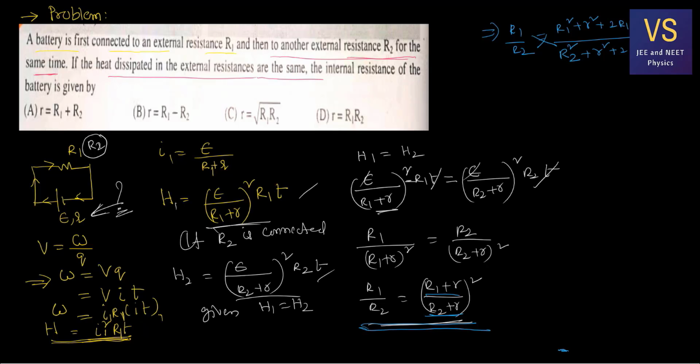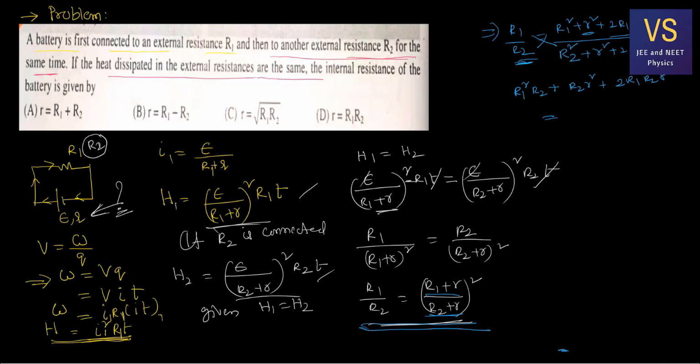Let's cross multiply both of them. First let's multiply with this R2. R1 square R2. Each term of this has to be multiplied with R2 in the numerator. R2 R square and then this term with this term, 2R1 R2 R is equal to.